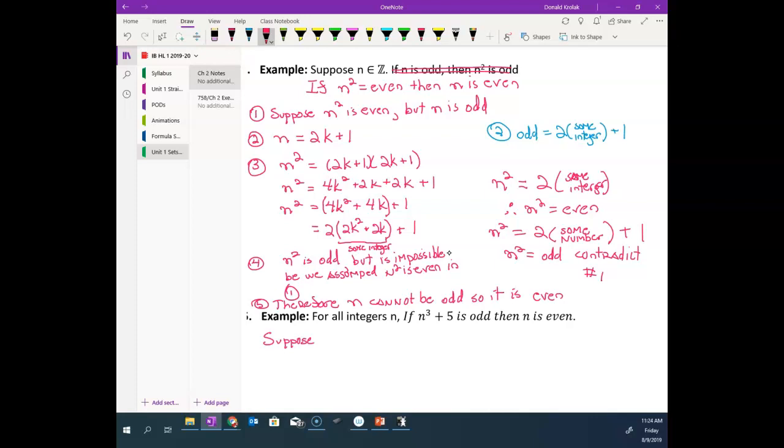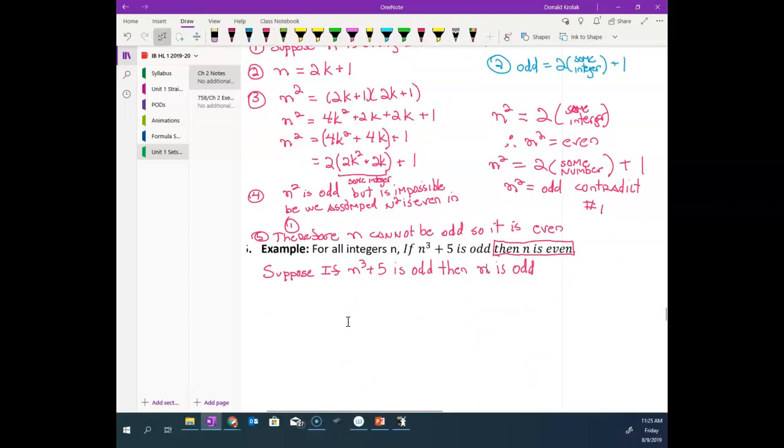Right, yeah, you're switching your conclusion. So if n cubed plus 5 is odd, then n is odd. So we took this part and we wrote the opposite of it. Okay?